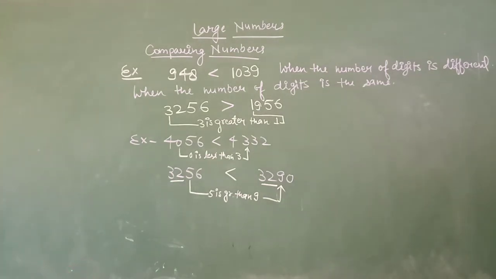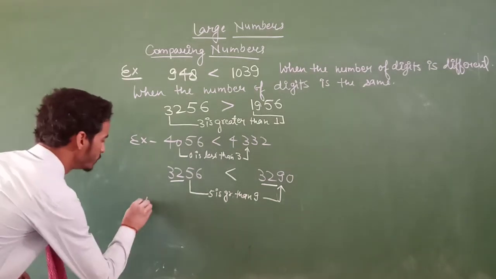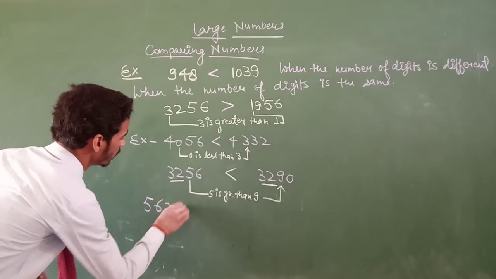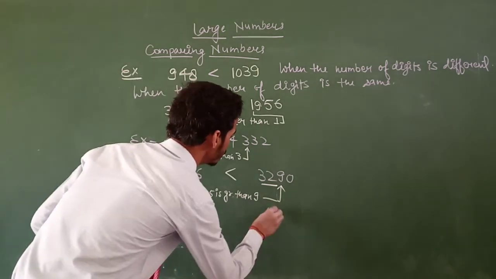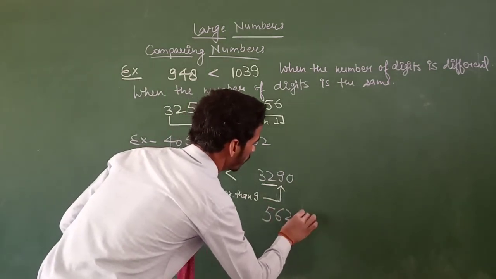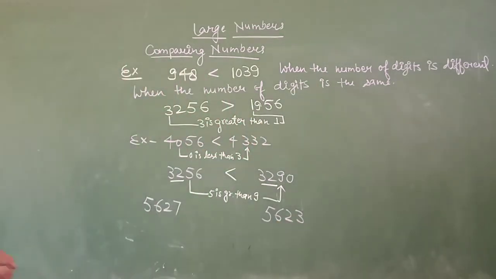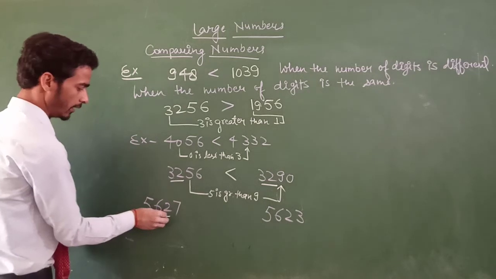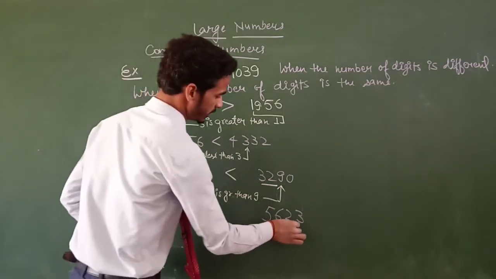Okay, and the next type of example, when the thousands, hundreds and tens places are the same, that is 5627 and 5623. You can see here that the thousand, hundred and tens places are the same.